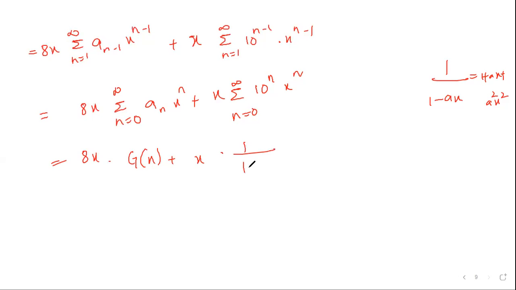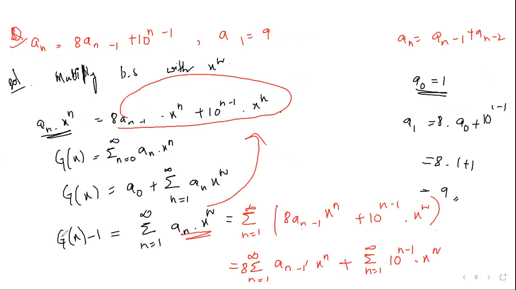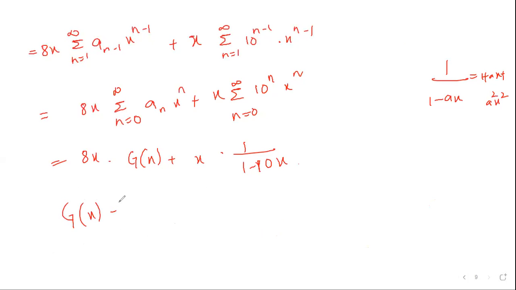So this can be written as 1 by 1 minus 10x. Now, what is the left side equal to? We started from here: g of x minus 1 is equal to 8x into g of x plus x by 1 minus 10x.